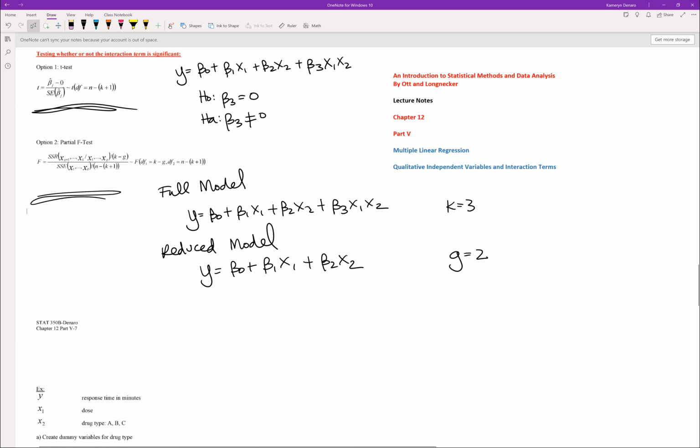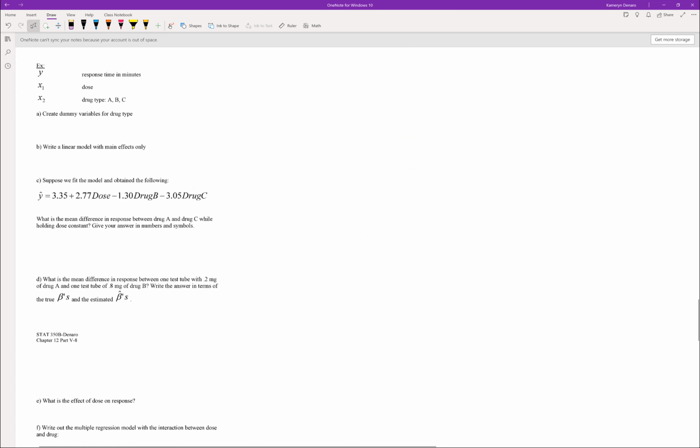Let's do an example. Let y equal the response time in minutes, let x1 equal the dose of a drug, and let x2 be the drug type: A, B, and C. Let's create indicator variables for drug type.